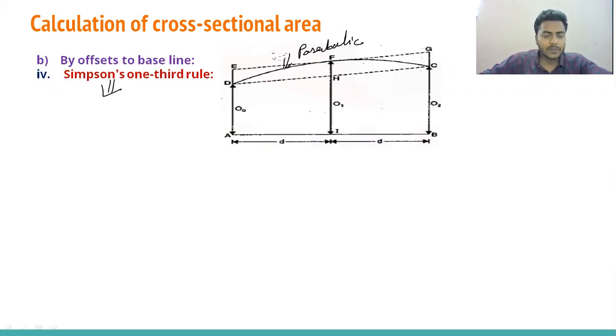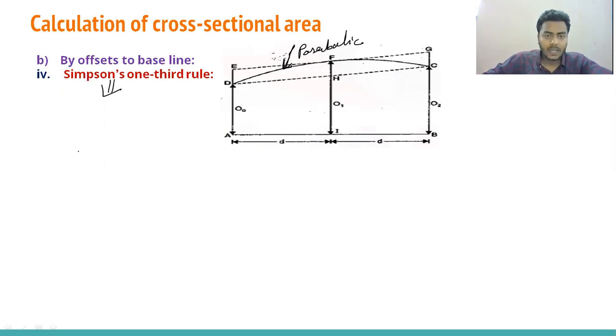In the trapezoidal rule, we assumed that the short length was a straight line, but here it's parabolic. So in some cases, Simpson's 1/3 rule is more accurate than the trapezoidal rule, and it gives a better result.